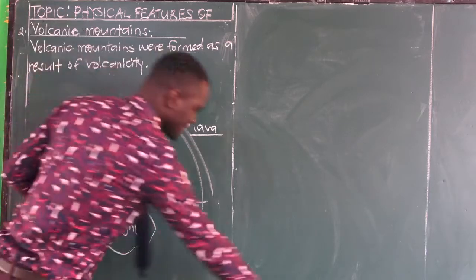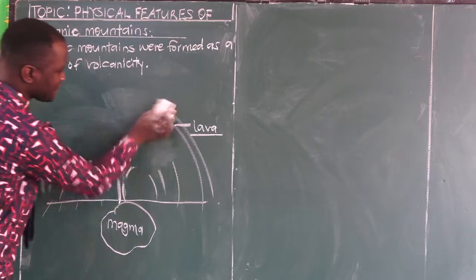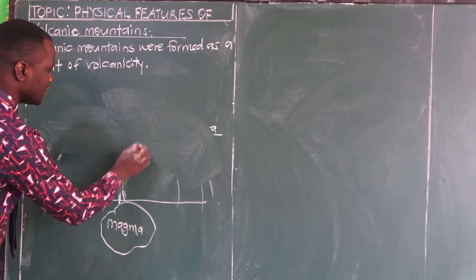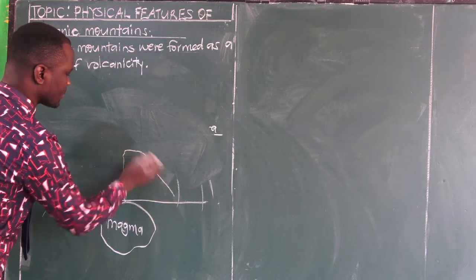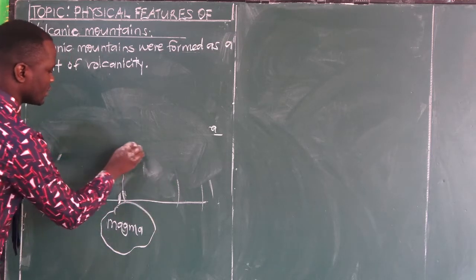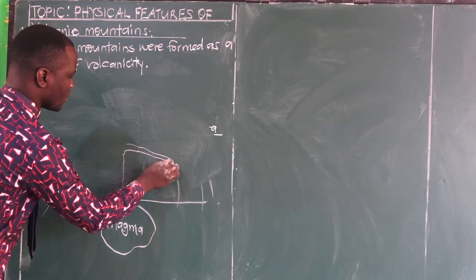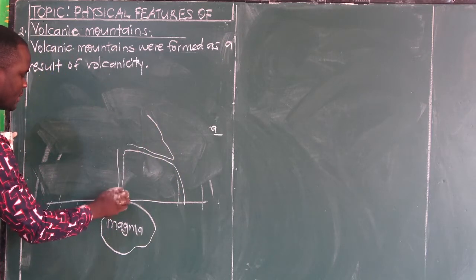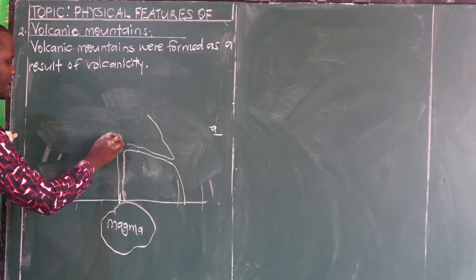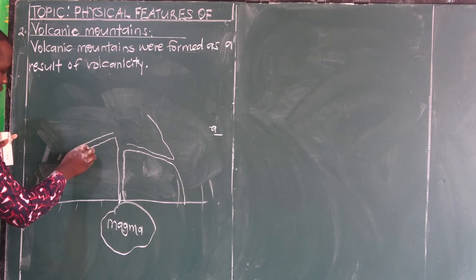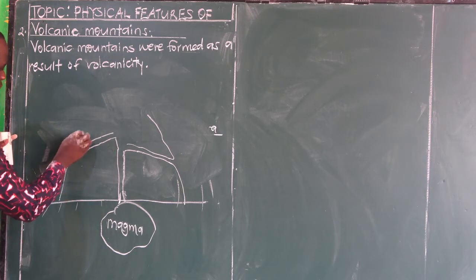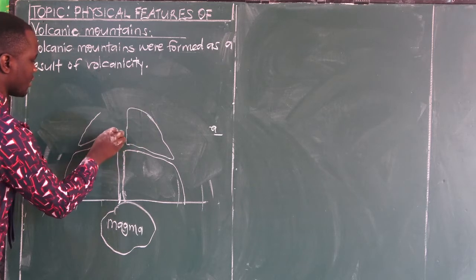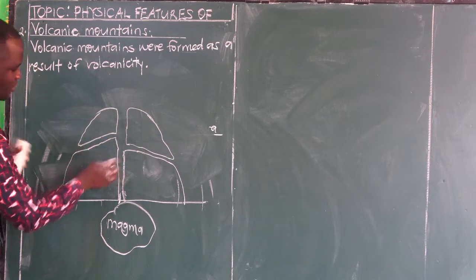Therefore, when we are having such a diagram, you always have a diagram drawn, and you will find that we have the pipe here where this lava flows, and we are going to have our diagram drawn like this.